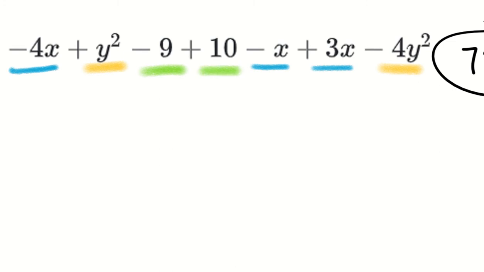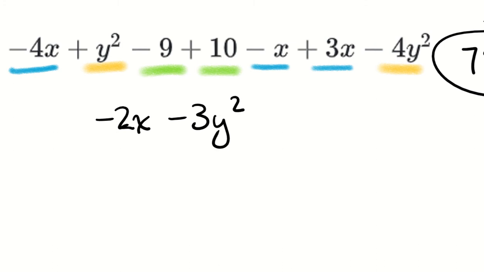So if I combine up my x's first, I see I have a negative 4x minus another x, which would be negative 5x. And then plus 3x should give me negative 2x. The other thing that we have is a y squared minus 4y squared. That looks like minus 3y squared.